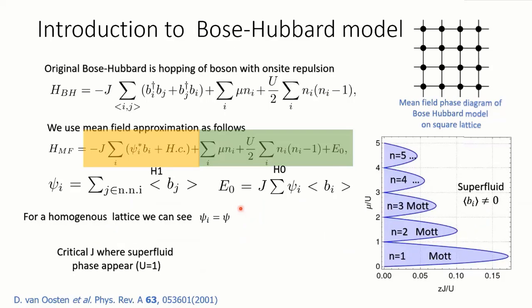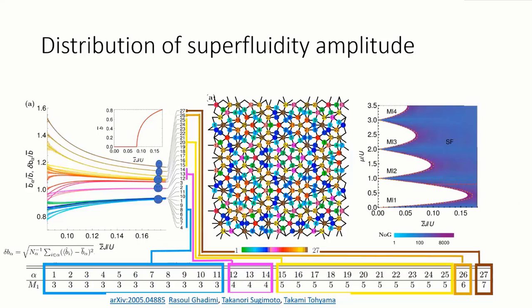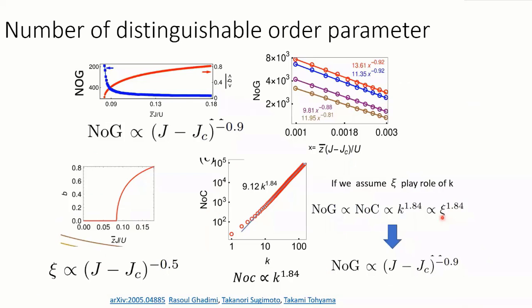So we can ask why K should depend on the correlation length. We cannot ask why this should depend on this, but we can ask what the exponent is.